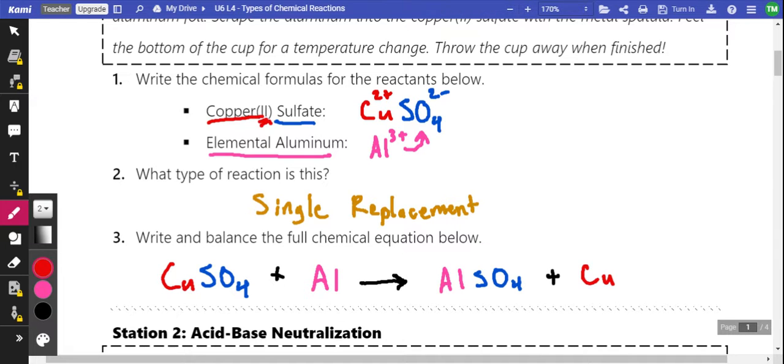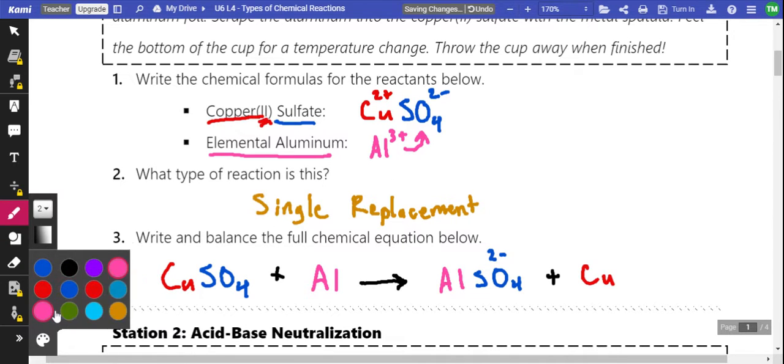Okay, so the last thing we need to do before we can balance this is see how these charges cancel and see if we have the right formula here. So sulfate is a -2 charge. Aluminum is a +3 charge. Okay, so one of each of these is not going to cut it.